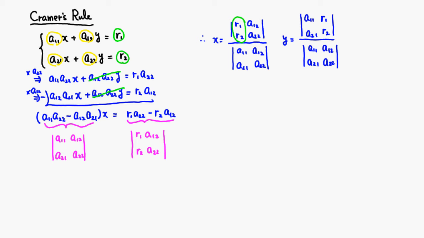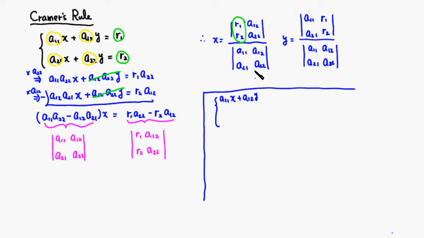Let's say you have a 3x3 system, say a11x plus a12y plus a13z is equal to, say, r1, a21x plus a22y plus a23z is equal to, say, r2, and a31x plus a32y plus a33z is equal to r3.